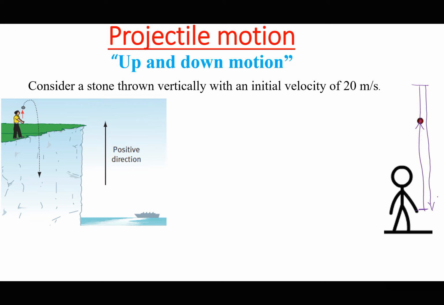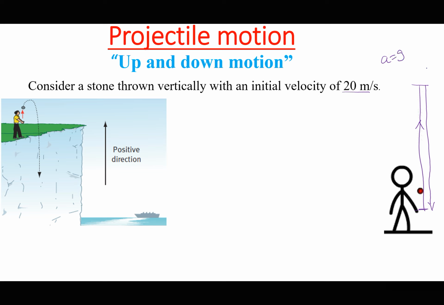If we consider the stone thrown vertically upwards, let's say with an initial speed of 20 meters per second, of course, an object cannot move vertically upwards if it's not given an initial speed. It must be projected. But do not forget that if we ignore air resistance, the acceleration is constant, and in most cases the acceleration will be equal to g.